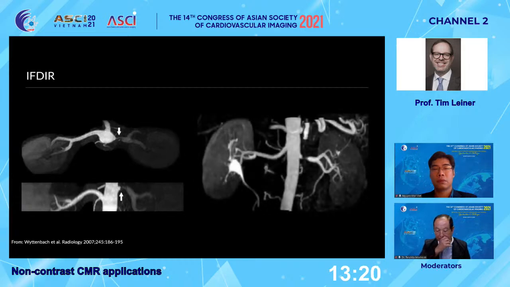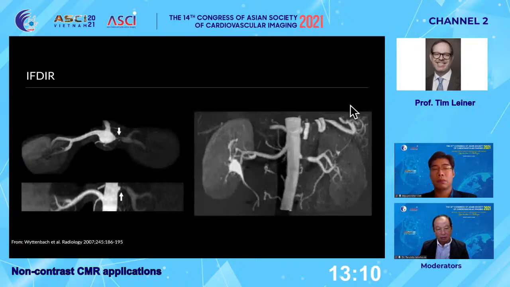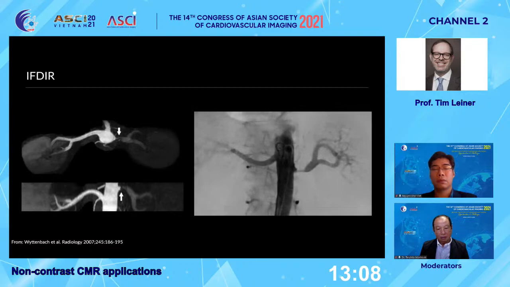This is another view of the same data set, and again, if you use adequate spatial resolution, the technique is really reliable. This is the reference standard DSA, which shows identical degree of stenosis compared to the MR.